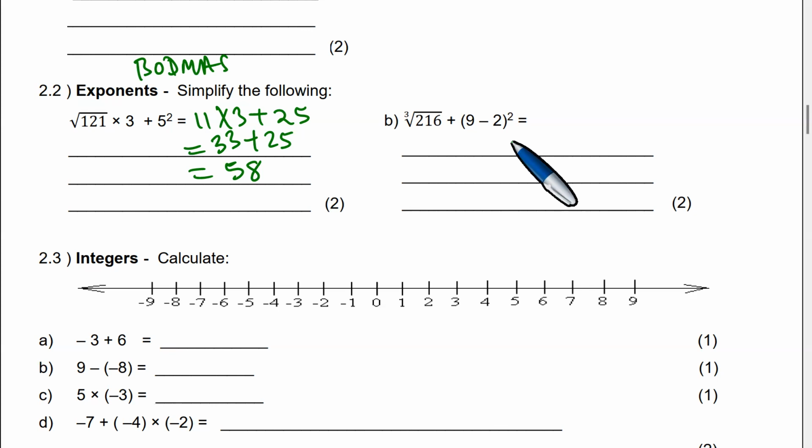Okay. Let's do it in brackets. Okay, then. You're still thinking, Lindsay? Yes, sir. Okay.